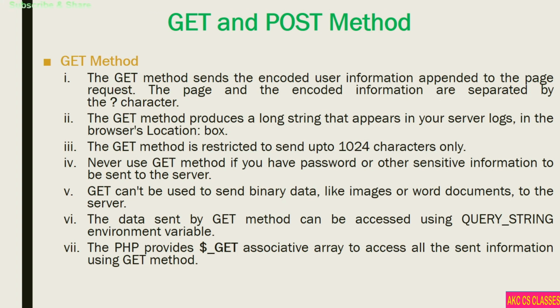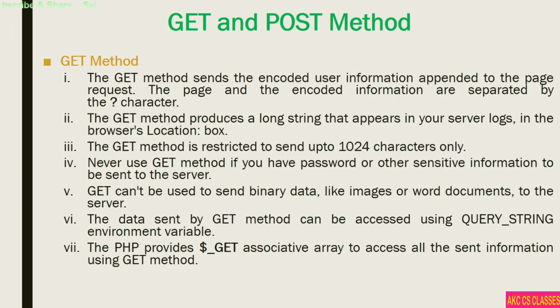This variable is not simply a variable, it is an associative array. It helps us extract each and every field that we have sent from the form we designed to the server. On the server, we use this $_GET associative array to extract each piece of information.